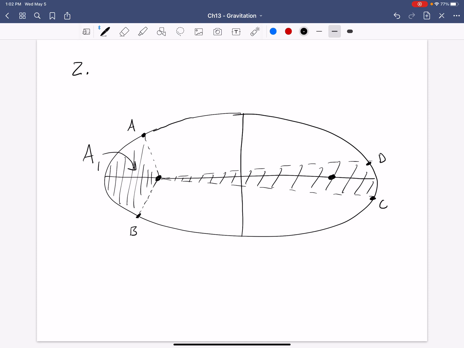We can also call that area A2 instead. So this says that area 1 is the same as area 2. But let's look at the differences. It's the same area, but the distance traveled between A and B is much greater than the distance traveled between C and D. Why might that be?